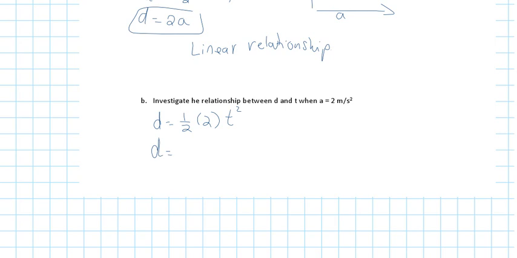So it's going to be d equals t squared. Yes, because a half times 2, that's a whole. So 2 halves of 2 halves is a full pizza.